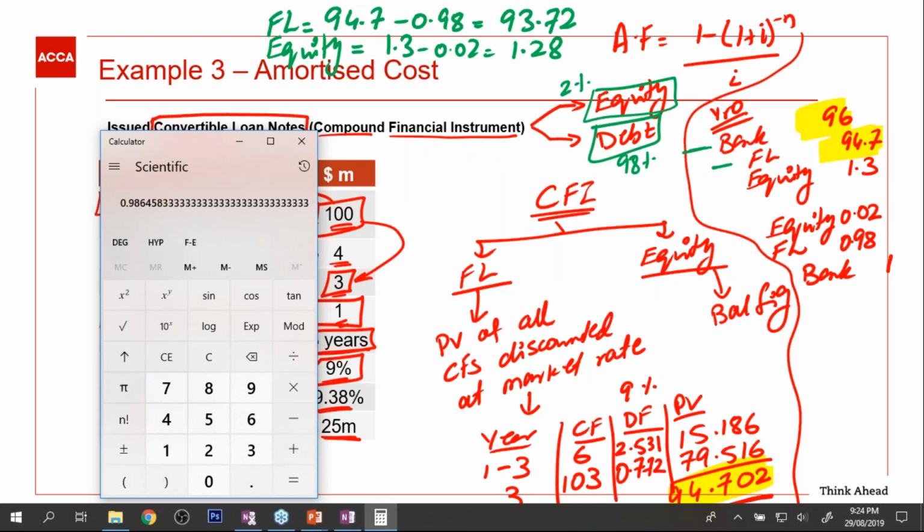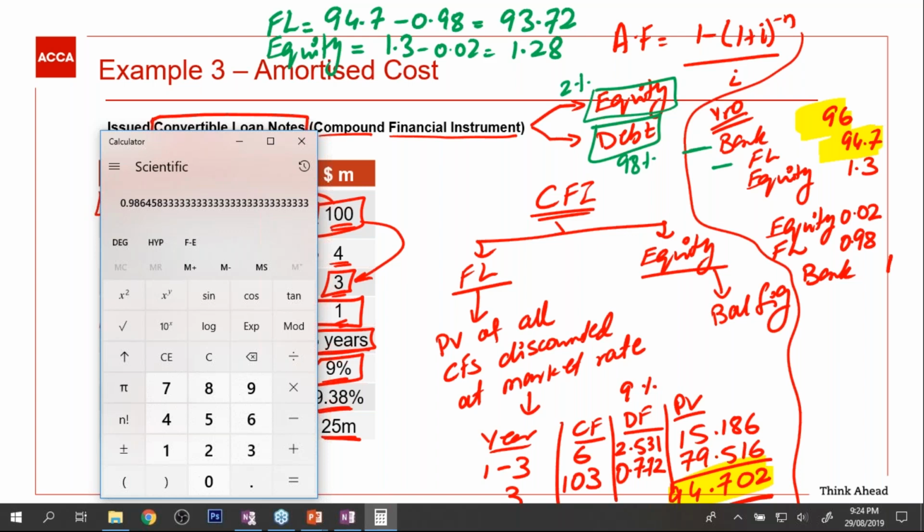Abdul Qadir is saying, why not use 9.38%? Okay, Abdul Qadir, I will tell this to you. Plus, Abdul Qadir is saying, sir, financial asset we capitalize the issue cost while financial liability we deduct. Exactly. Basically, Abdul Qadir, the treatment is opposite for financial asset and the liability.